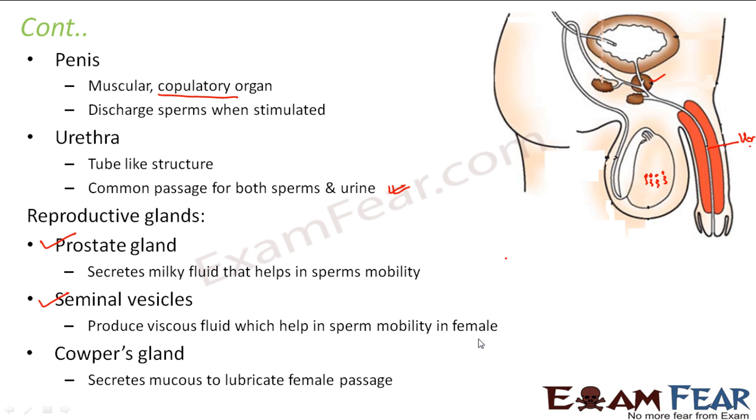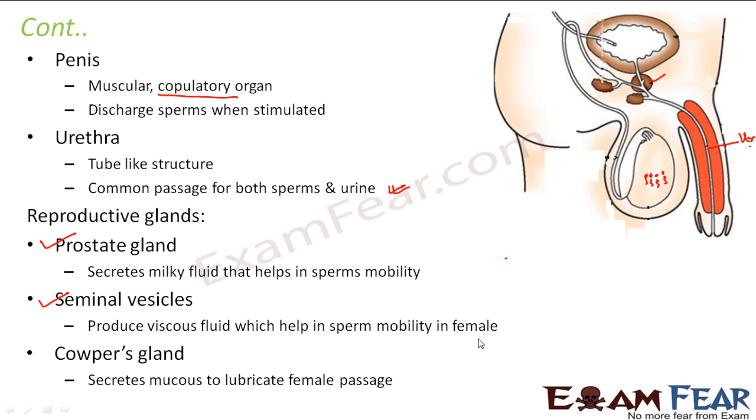So the seminal vesicles will secrete a fluid which will help in keeping the sperm alive inside the female body, and it will also help in movement of the sperm inside the body of the female. This viscous fluid will also help in the contraction of the uterine muscles, that means the muscles of the female body. So therefore the sperm will be able to move forward.